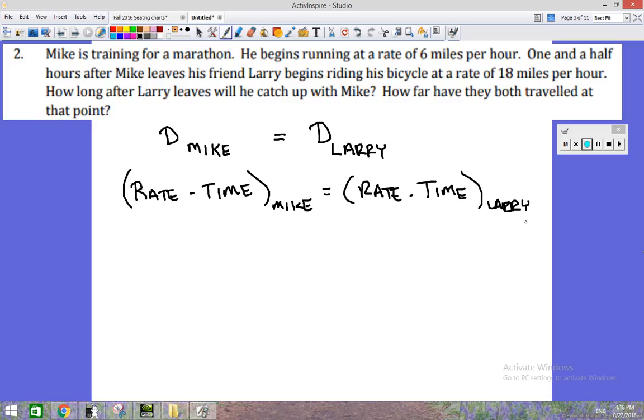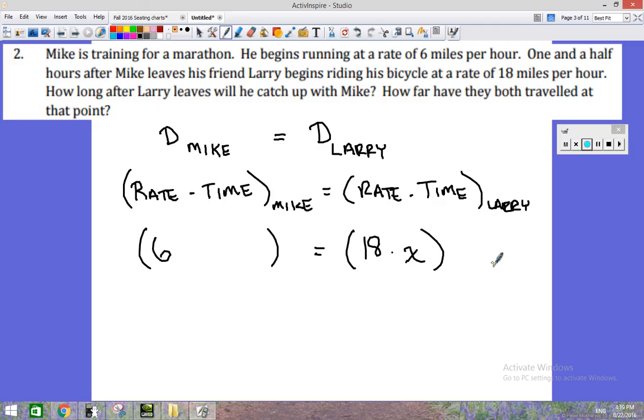So we know Mike's rate, that he's running at 6 miles per hour. And we know Larry's rate, he's riding his bike, he's pedaling at 18 miles per hour. Now, I don't know how long each one has ridden their bike or how long they've run. So if I let X be Larry's time, I know that Mike had a head start.